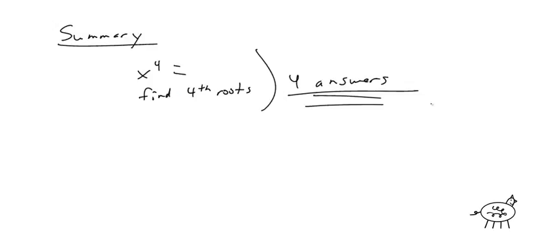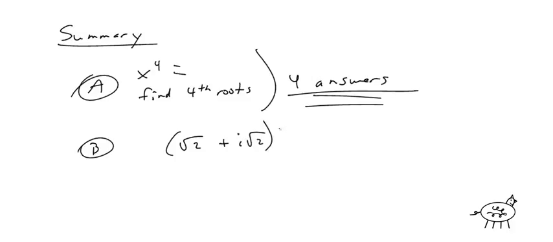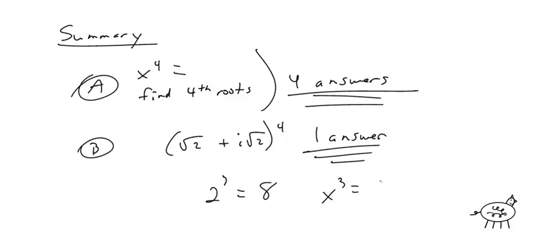That's the first case, so we'll call that case A. Case B is literally if I said, hey, root 2 plus i root 2 to the 4th power. That's a single value, so this is one answer. It's like saying what's 2 cubed? It's 8. It's not 3 answers for that. 2 cubed is 8. But if I said x cubed equals 8, now I've got 3 answers. So be aware of what I'm asking for, math fans, and then you'll be good to go.